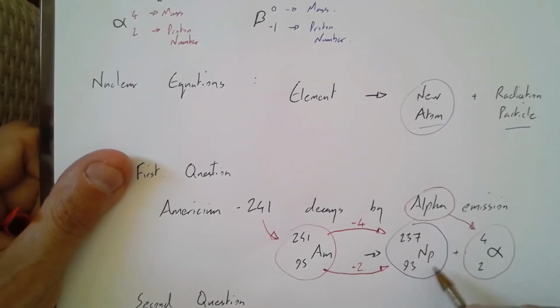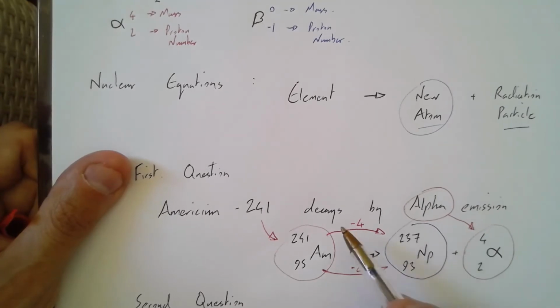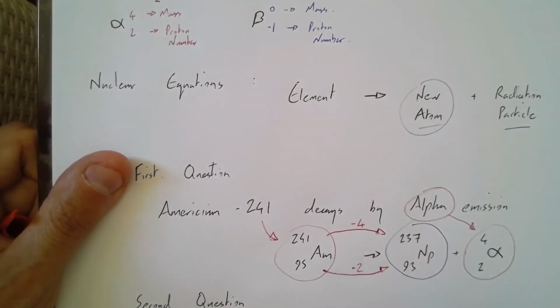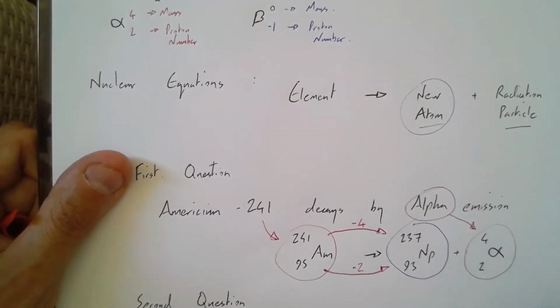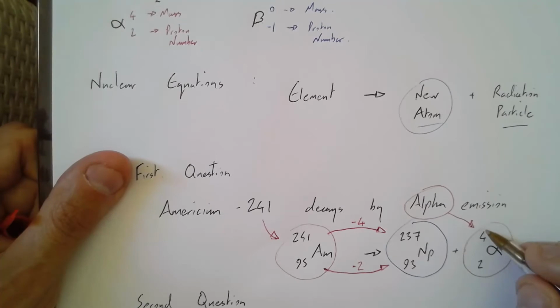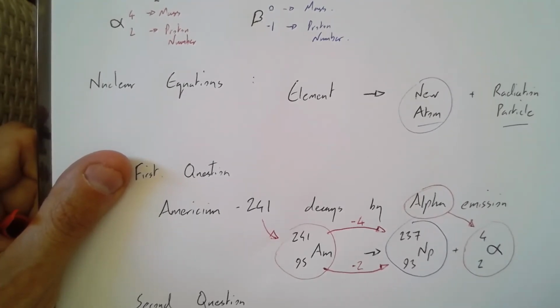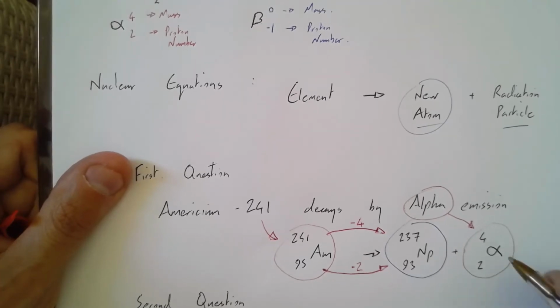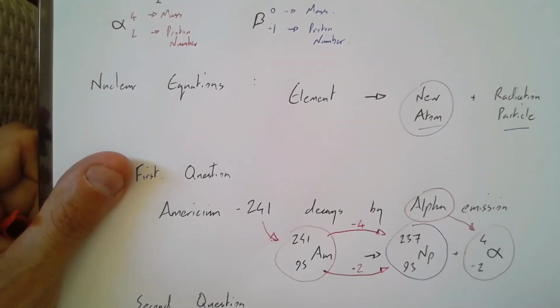So it goes from 95 to 93. It's just minusing 4, minusing 2 when you have an alpha particle. And at the end here you have your alpha particle, the alpha symbol, the 4 at the top for the mass, and the 2 at the bottom for the charge, or the proton number. So it's got a charge of +2, as you would find with 2 protons.